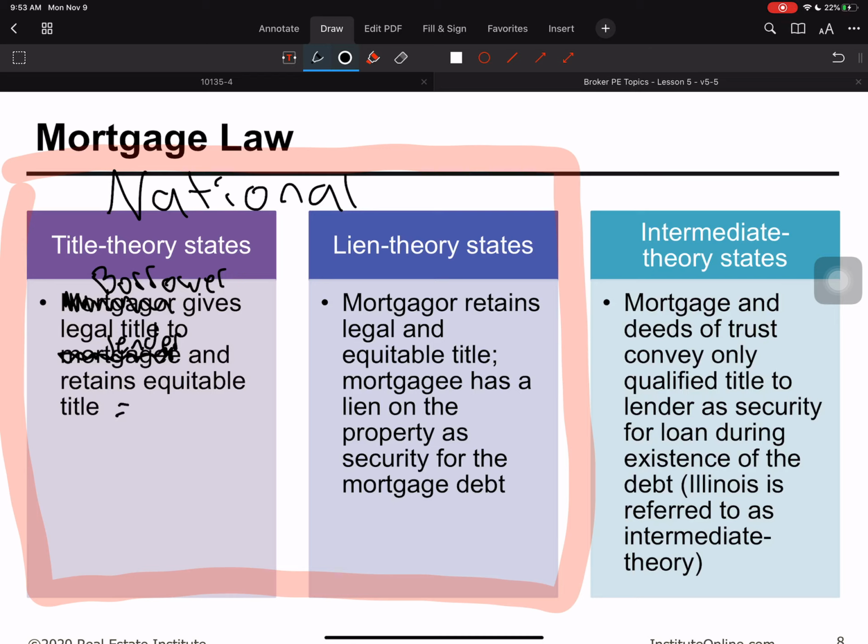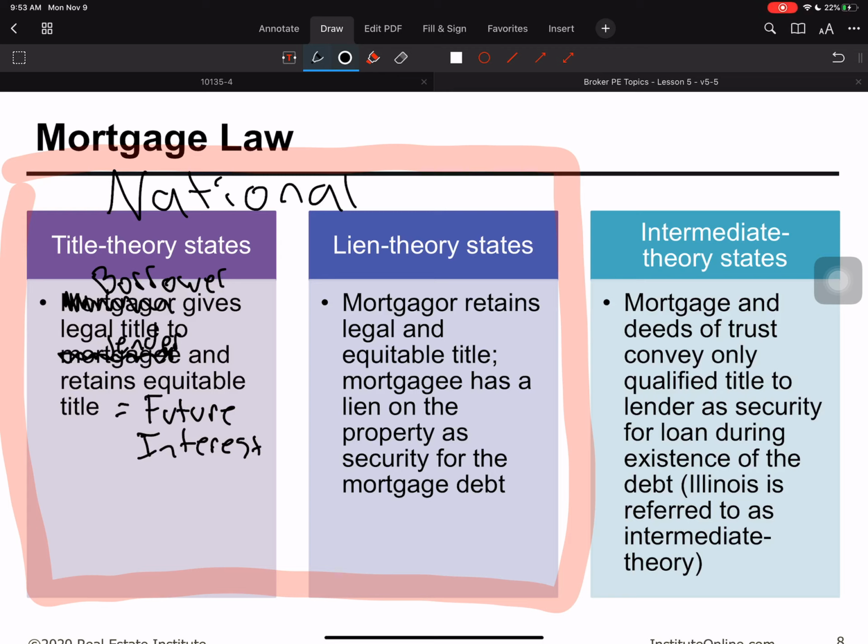Equitable title, as you guys remember, is a future interest in a property. When you buy a car in cash, you get the legal title, right? When you buy a car on payments, the bank holds the actual title, but you have the future interest. Once you're done paying it off, it becomes yours, and that's when you take full 100% possession of the property.